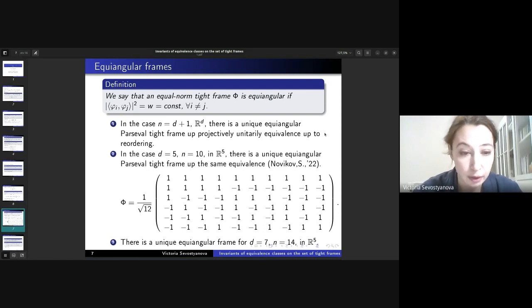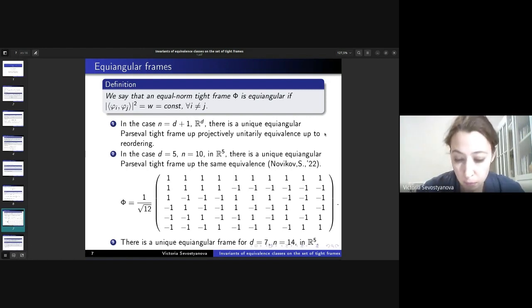I mean a vector and a minus vector are the same up to some equivalence. We will call this equivalence projectivity equivalence.